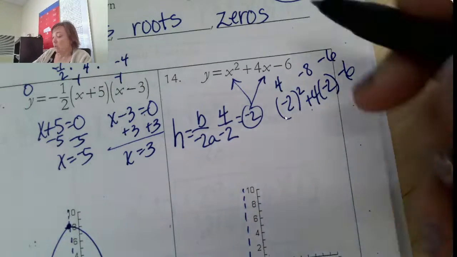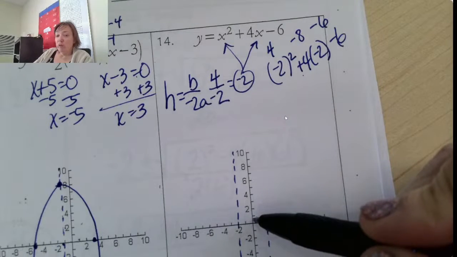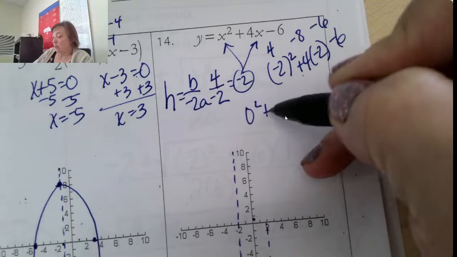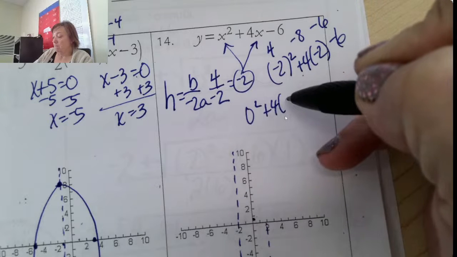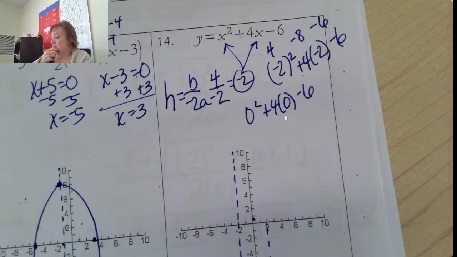So what I would suggest doing is let's start with 0. I figure it's going to go through 0. Don't y'all think it's going to go through 0? So let's put 0 in there and see what we get. So what do you get when x is 0? Negative 6.